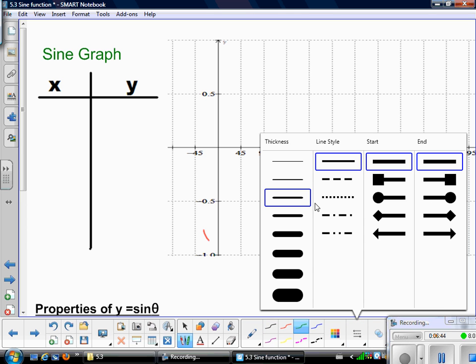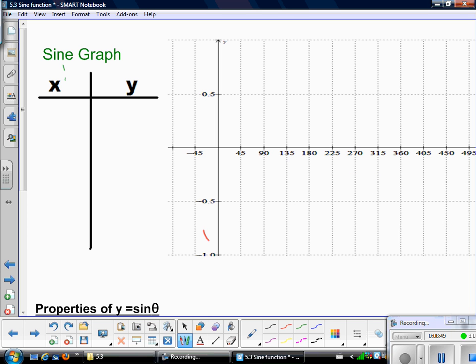All right, so our x is going to be in degrees, and the way we get our y is from y equals sine of our x values. For some reason, my little thing doesn't want to work very well today. Okay, so we're going to start at 0 degrees. Now we're not going to do every single one of these, but we'll do 45.